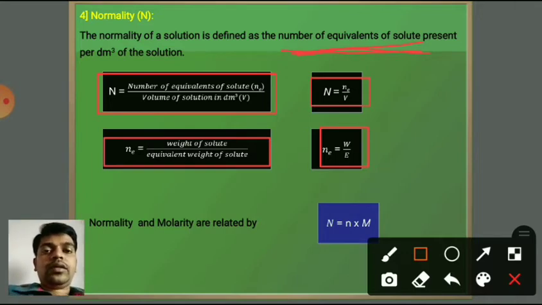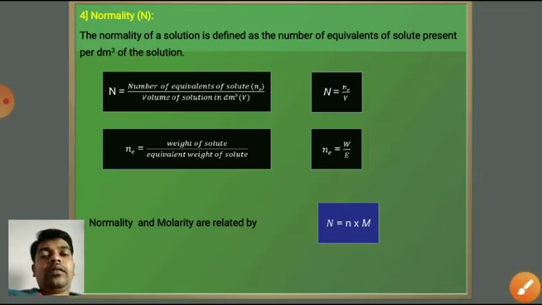Again, it is important to note that the normality and molarity are related by the formula N equal to small n into capital M, where capital N is the normality, capital M is the molarity, and small n is the number of equivalents per mole. So this is the relation between the molarity and normality.